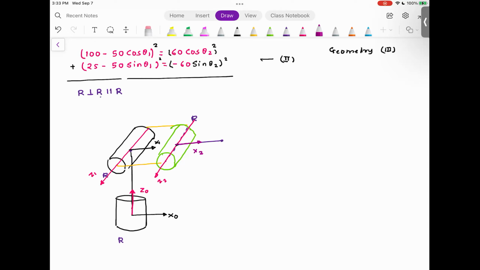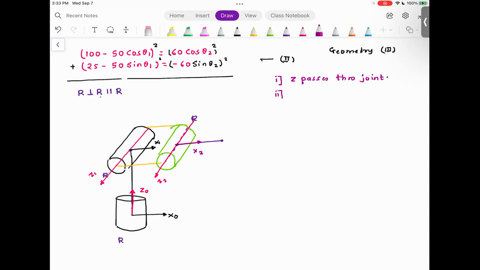Does everyone remember the rule, or do you want me to write it down? Anyone who does not remember the rule, write it down. Okay, so rule number one, don't forget all the rules. Rule number one, Z passes through joint.